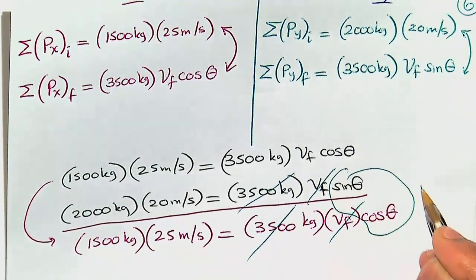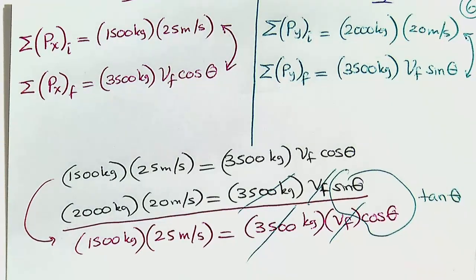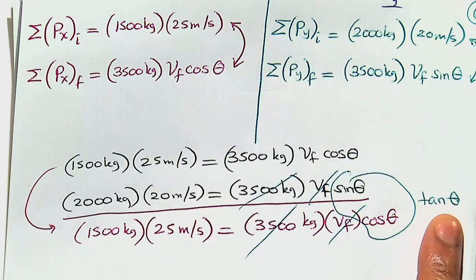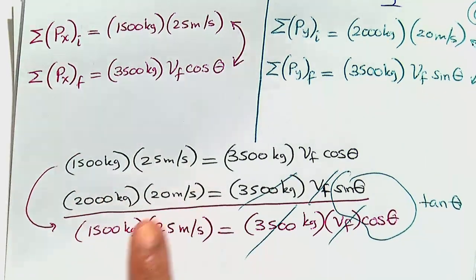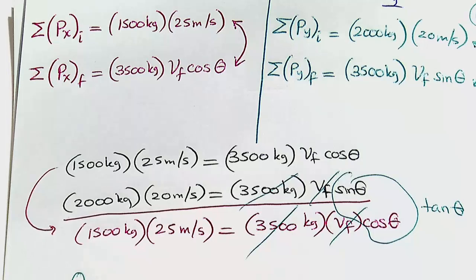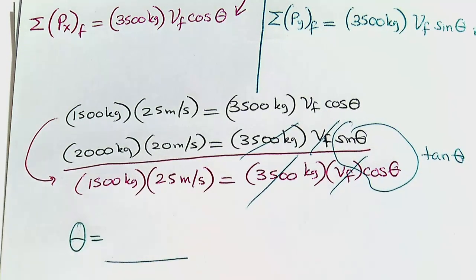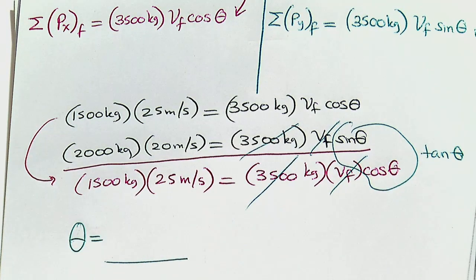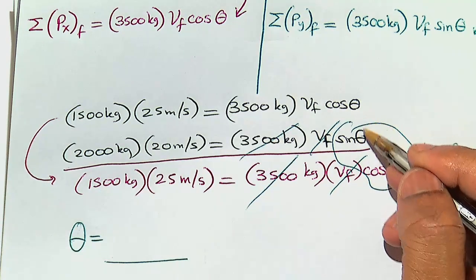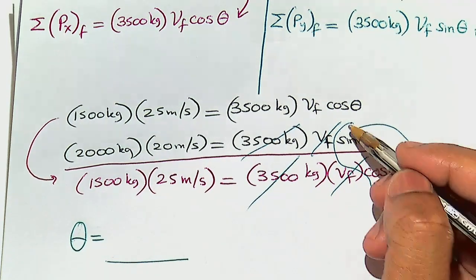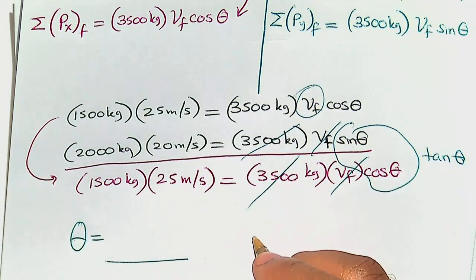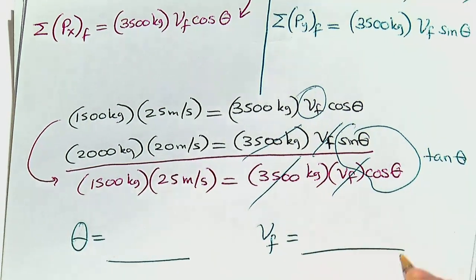This is tangent of theta, right? So all of this drops out. You get tangent of theta is equal to some number that allows you to solve for theta, right? You can do that. Once you know theta, you can come back to either of these two equations, either one works, put in that theta and then solve for Vf.